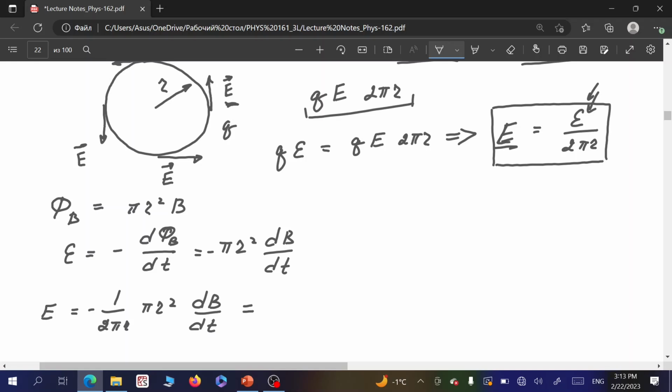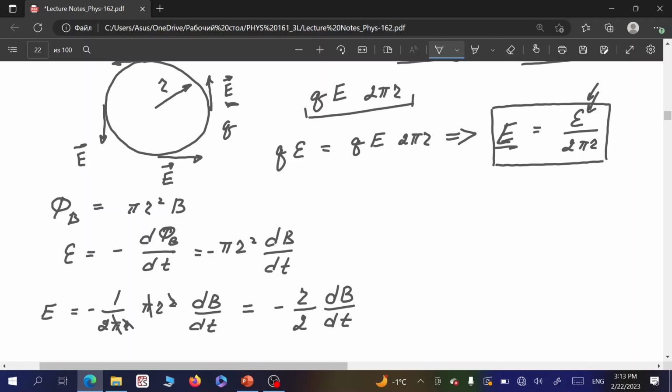And here we cancel this pi, cancel this second power and this r. We get negative r over 2 times the first derivative of the magnetic field over time. So this is the relationship between the induced electric field and the time-dependent magnetic field.